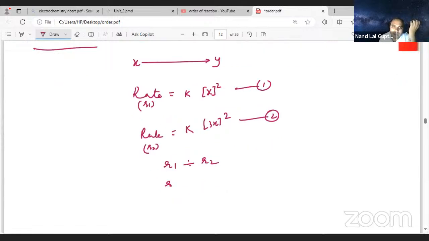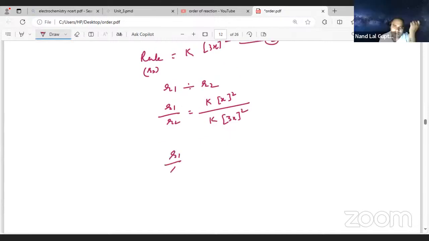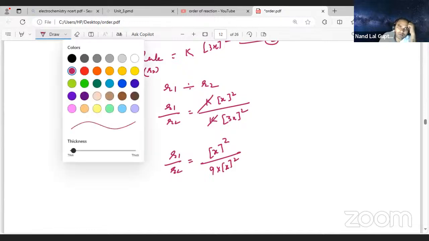So I am dividing R1 by R2 is equal to K X squared divided by K into 3X squared. Now here K cancels out. So what will be there? X squared divided by 3 times 3 is 9 into X squared.